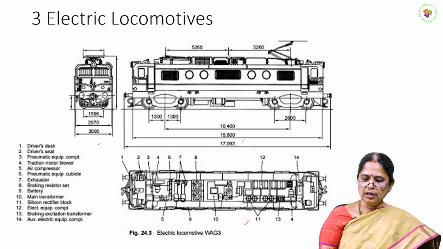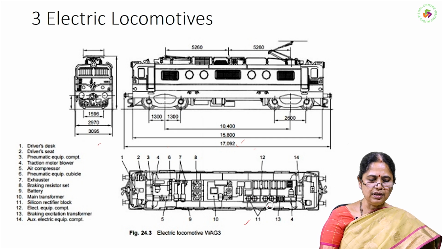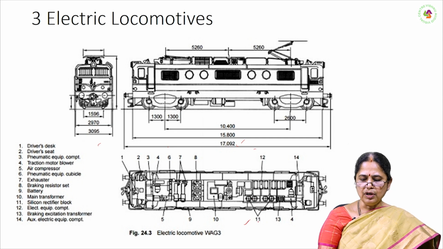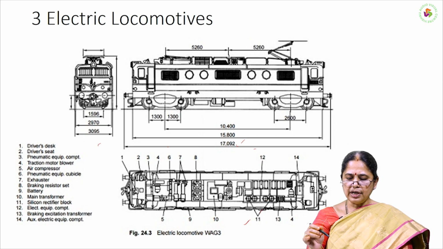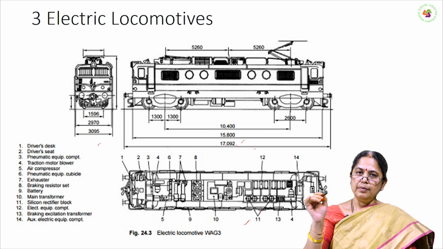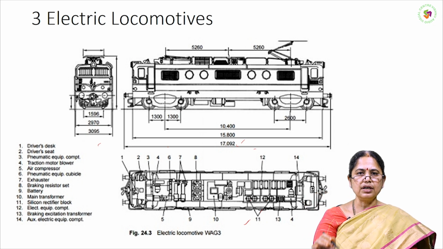The main parts are: 11 here is the silicon rectifier block, where electricity is taken from the main lines to this electric locomotive.